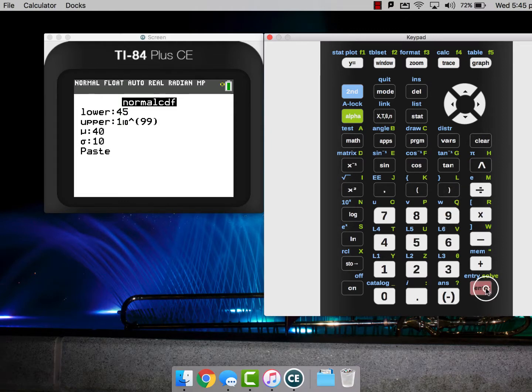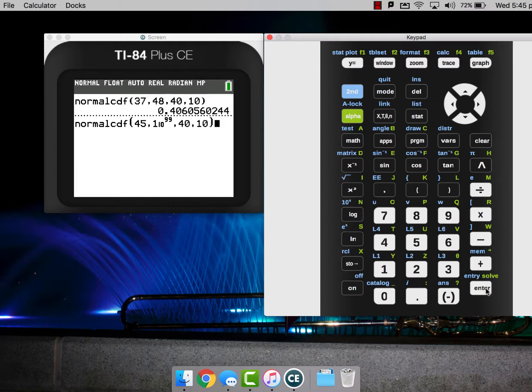Again, our mean and our standard deviation were the same, so I'm going to paste this. You'll notice that here it's 1, E, 99. Enter, and that gives us 0.385, or 30.85%.